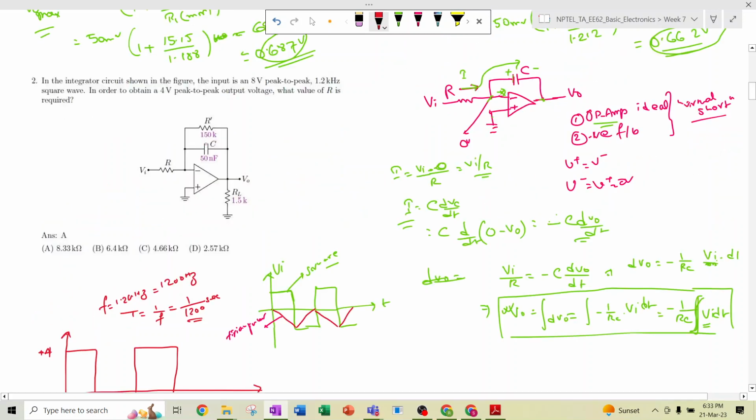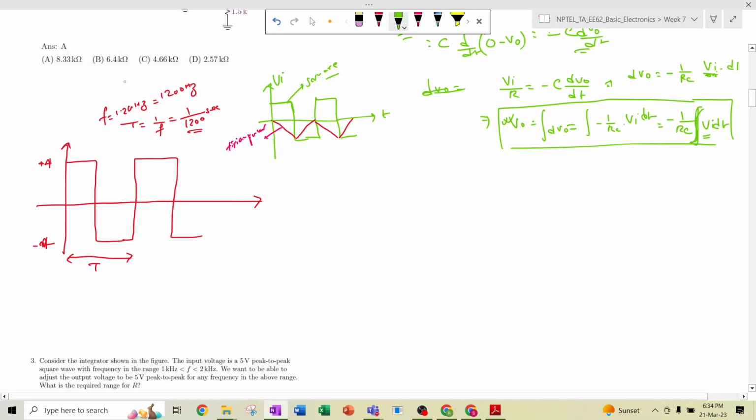Now in the question it is asked, in order to obtain a 4 volt peak to peak output voltage, what will be the R required? We are getting 4 volt peak to peak, that means it will start from 0 and go to minus 4. Here a minus sign comes, because the output will be the opposite of the input voltage, since we are applying Vi at the inverting terminal.